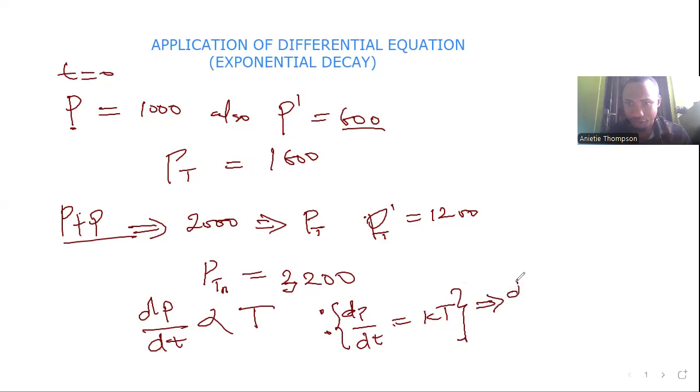This is a differential equation that is formed already. Why? Because we have a function P of t, and we have a rate of change in the same equation, dP/dt, which is the differential coefficient of a particular parameter, P. So how do we solve this problem?